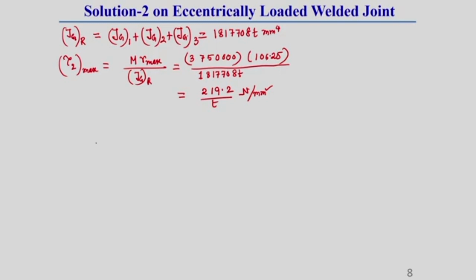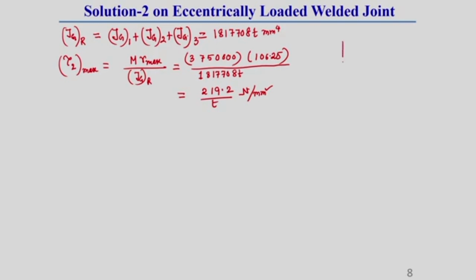Here also we will use the same thing that we used previously, but here we have to find the angle between this tau 2 max and the horizontal axis through G. Here we have to follow some steps that I am going to show.